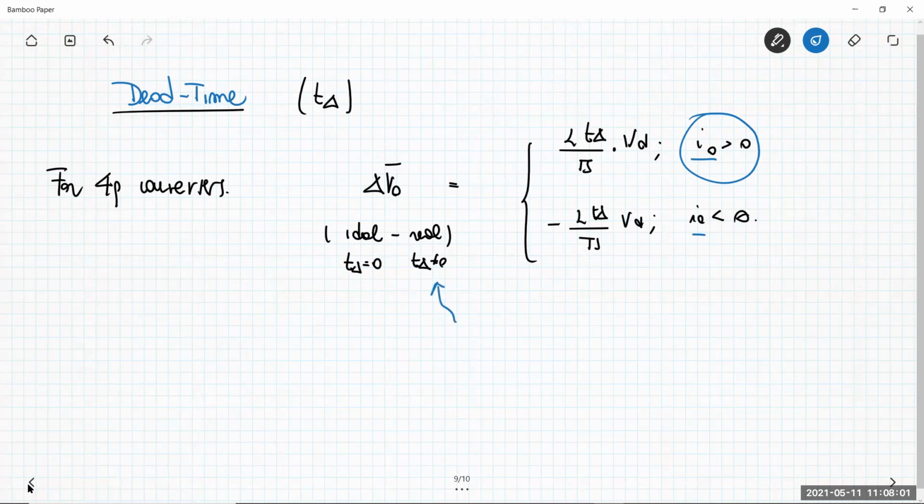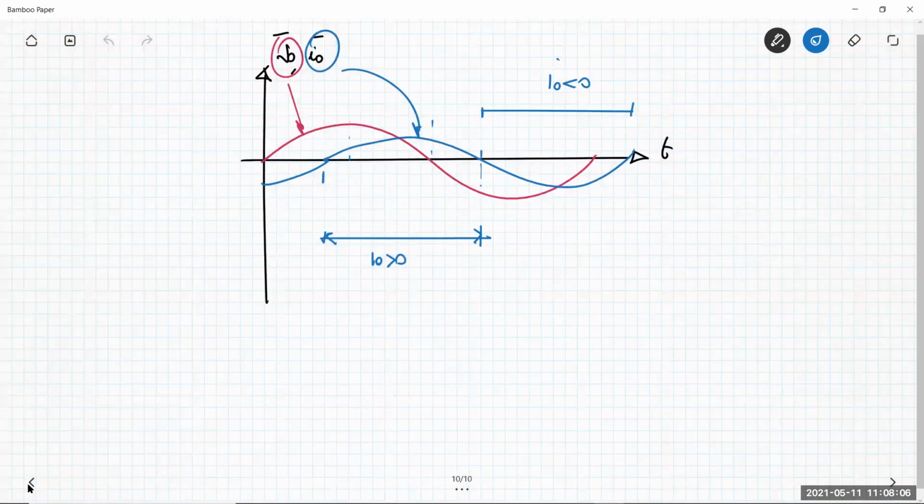So it means that you have an output voltage which is a little bit less than this. Okay, so this is the V naught voltage with T delta different from 0, while this is with T delta 0. So this is the real case.